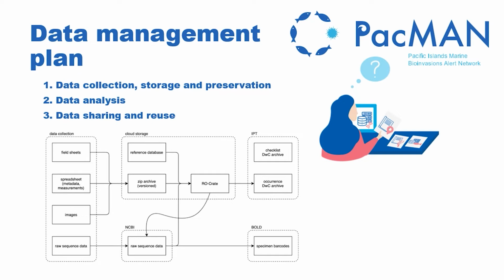Then this metadata, together with links to the sequences, is stored in the cloud in ROCrates, so research object crates, which are then published. And in addition, the data will be published in Darwin Core archives on global biodiversity databases like the Ocean Biodiversity Information System.